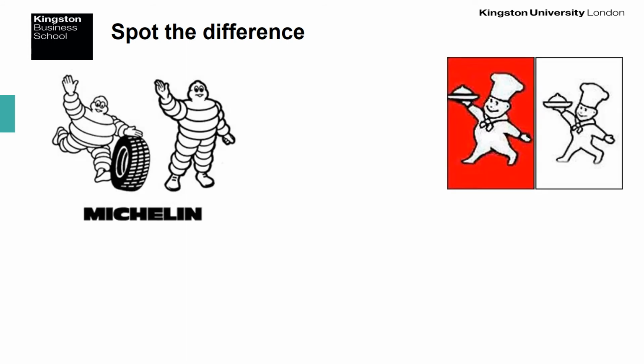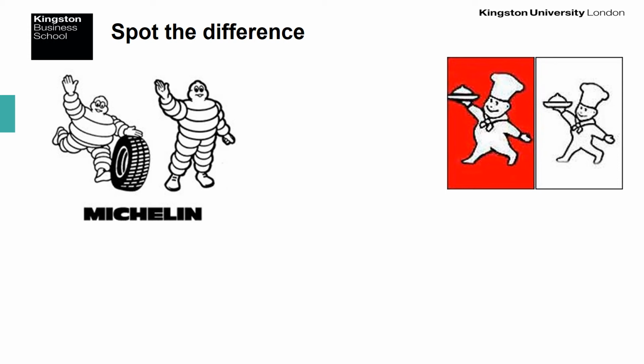So just thinking about adaptation for a few more minutes, let's look at some brand elements and how they might have changed. I'd like you to spot the difference and then bring your notes on each of these differences to our class session. So let's start with Michelin on the left.